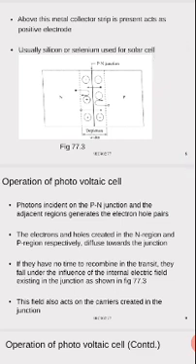Operation of photovoltaic cell. Photons incident on the p-n junction and the adjacent regions generates the electron hole pairs.